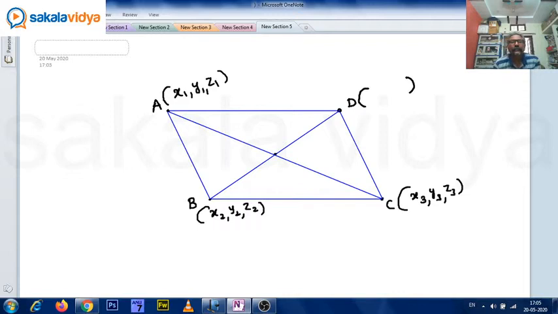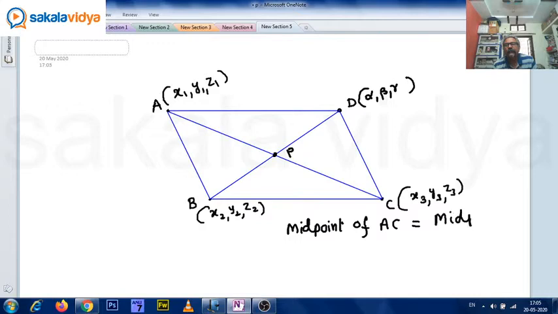Here see, for example, this is the point of intersection of the diagonals, AC diagonal and BD diagonal. For example, say this is P. P is the midpoint of AC, P is the midpoint of BD also. For example, let us say this is (alpha, beta, gamma). So we have one concept. The midpoint of AC equals the midpoint of BD.